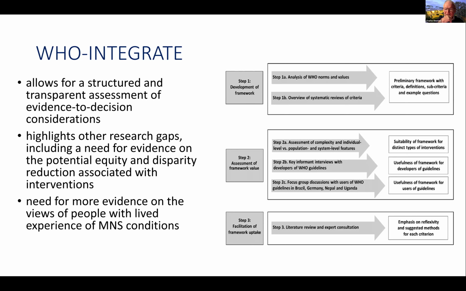There's 3 steps outlined, which you can see on the panel on the right-hand side. And this again adds to the robustness of the data and of the recommendations that come forward in terms of the mhGAP guidelines.